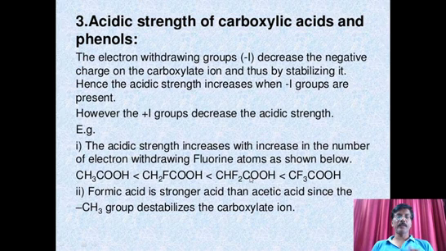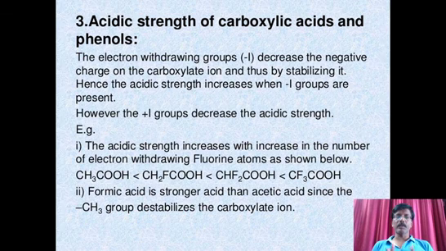And if you take difluoroacetic acid, there are two fluorine atoms exhibiting minus I effect. Therefore acidity further increases. And in trifluoroacetic acid, since we have three fluorine atoms attached, due to the minus I effect of three fluorine atoms, they very strongly attract sigma electrons of the COOH group. Therefore, the negative charge is further reduced, hence acidity increases.